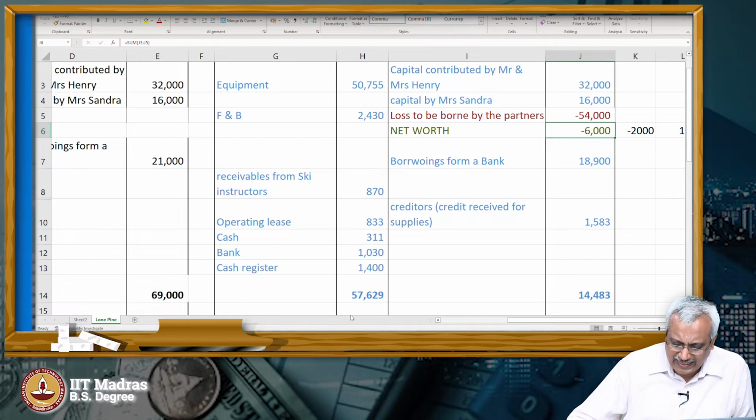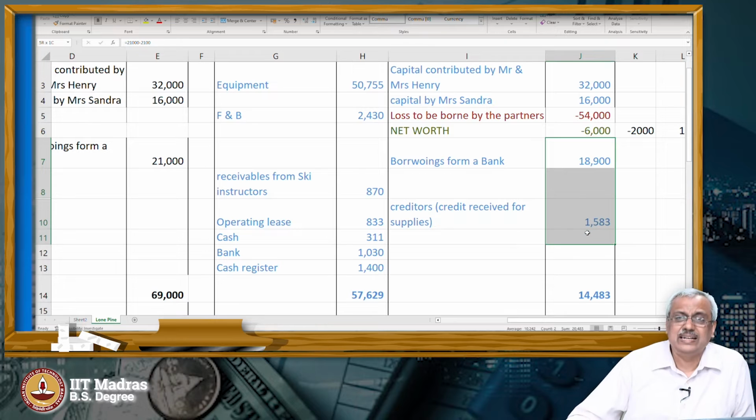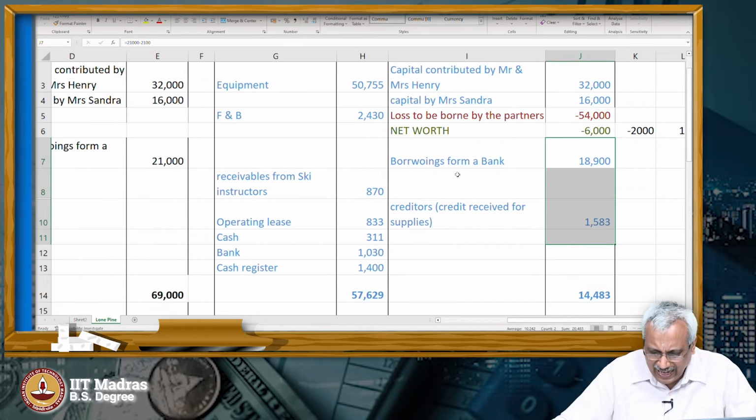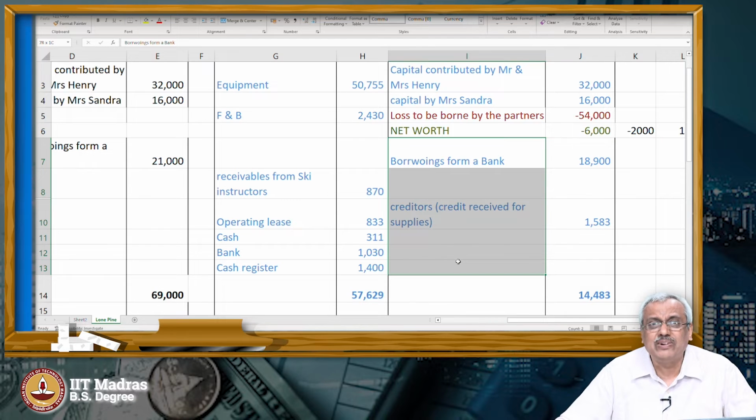If I sell all the assets, I will still not be able to pay off the liabilities. So the equity contributors, whatever they contributed, they have lost the money. Some of the other liabilities will also have to bear the loss. They may not get the dues they have to get from the company. They may also end up losing some money in the process.